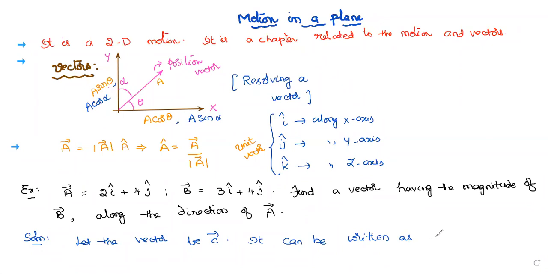That's what I'm writing, Nischal Balaji. According to my explanation, how to write the C bar? Like A bar, how I wrote here, mod A bar into A cap, in the same way C bar is its magnitude, mod C bar, into its unit vector, C cap. Any mistake here, Nana? C bar is equals to mod C bar into C cap. Correct. Very good. No mistake.